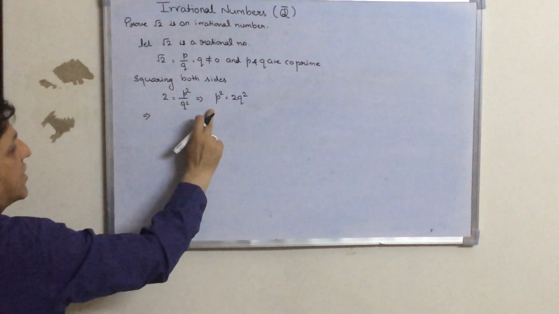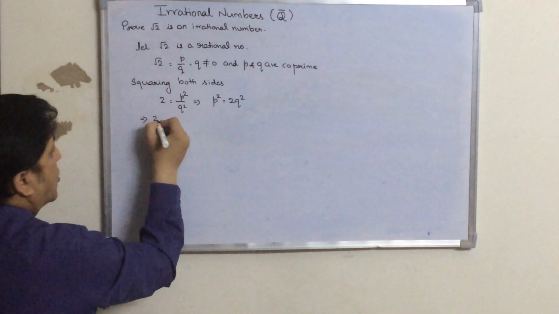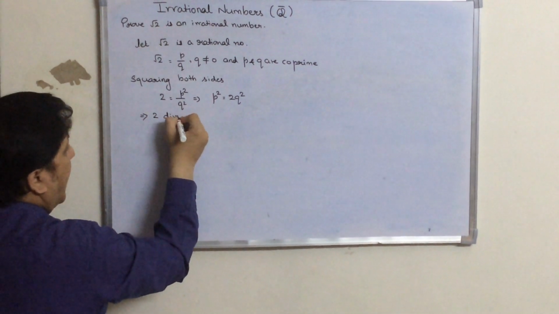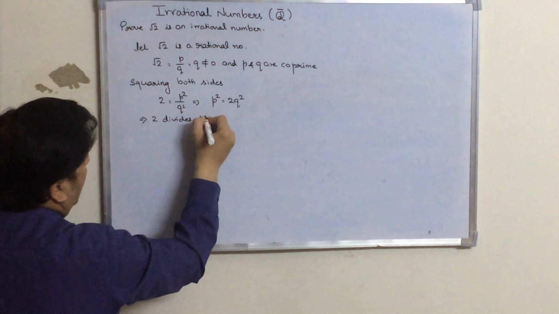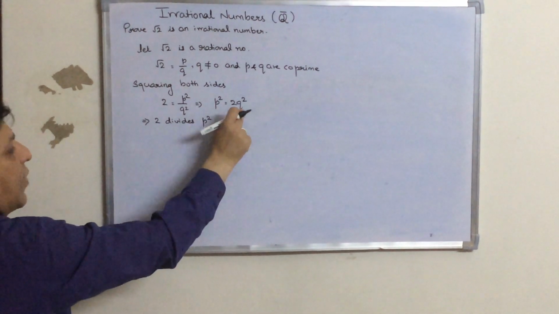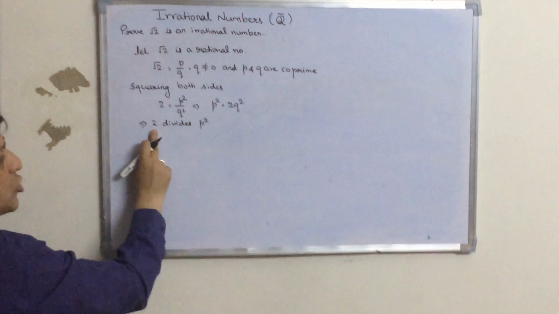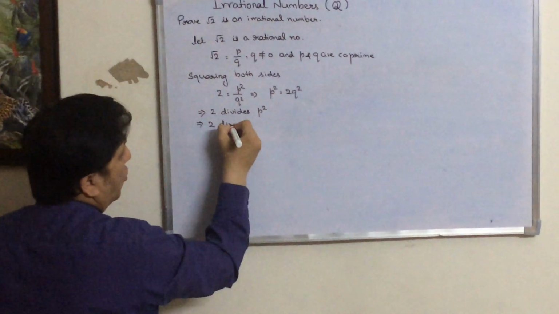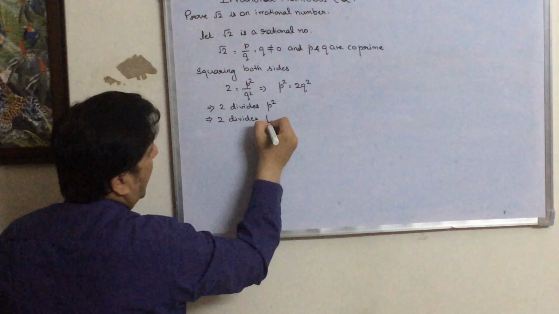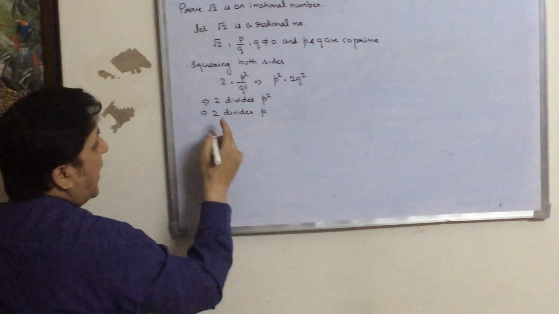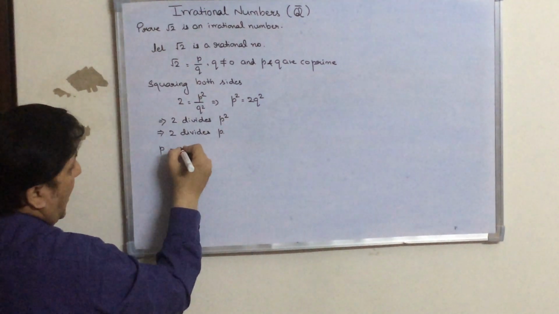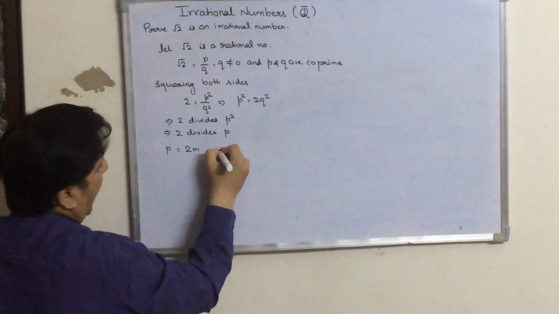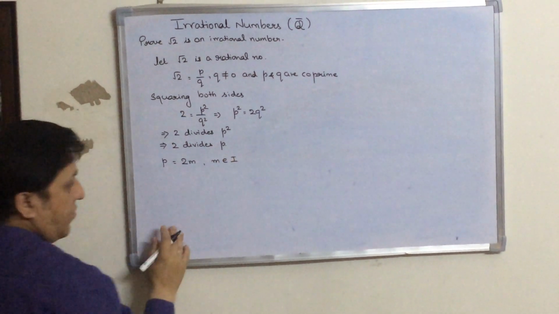Now P square is equal to 2Q square means 2 divides P square. Because P square is a multiple of 2, so I can say that 2 divides P square. This also implies that 2 divides P. Now if 2 divides P, so P can be written as 2m, where m can be any integer.